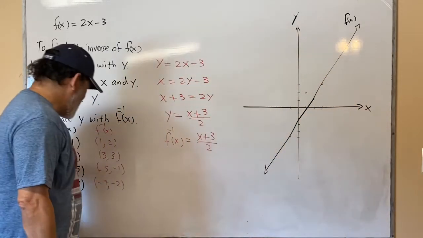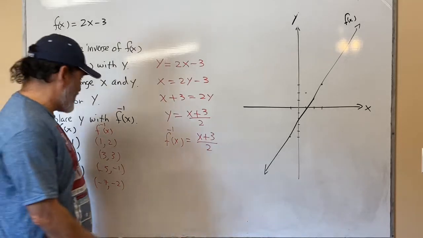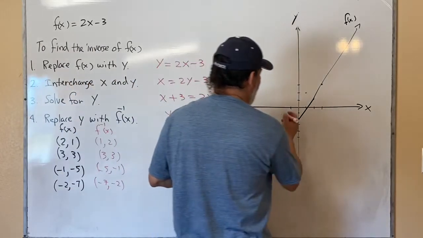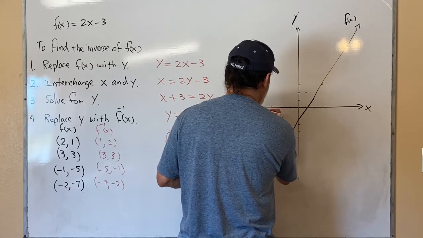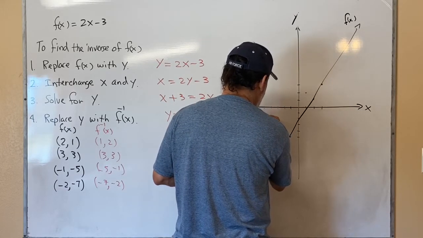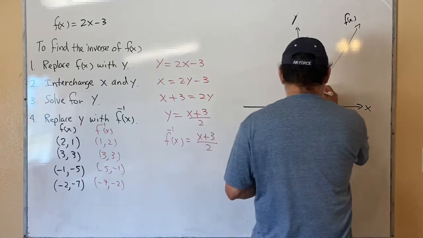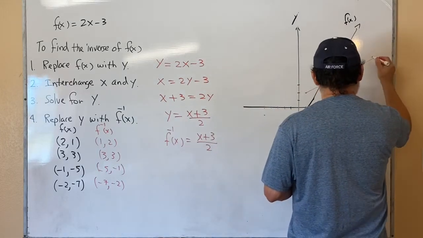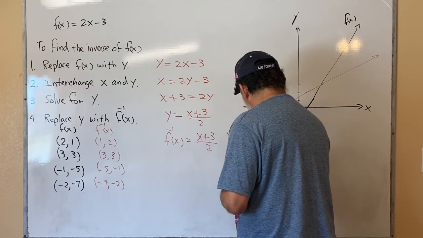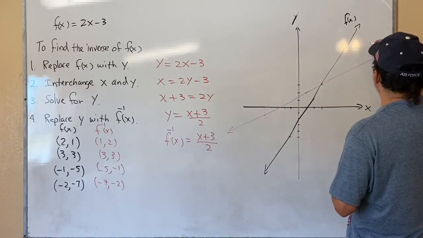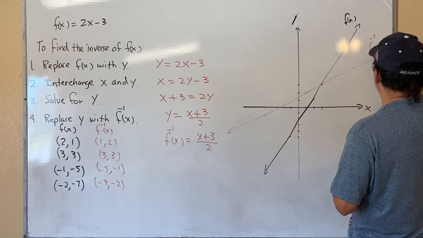Okay. -5, -1: -5, -1, -2, -3, -4, -5, -1 right there. And so we're getting this. And this is f inverse of x.